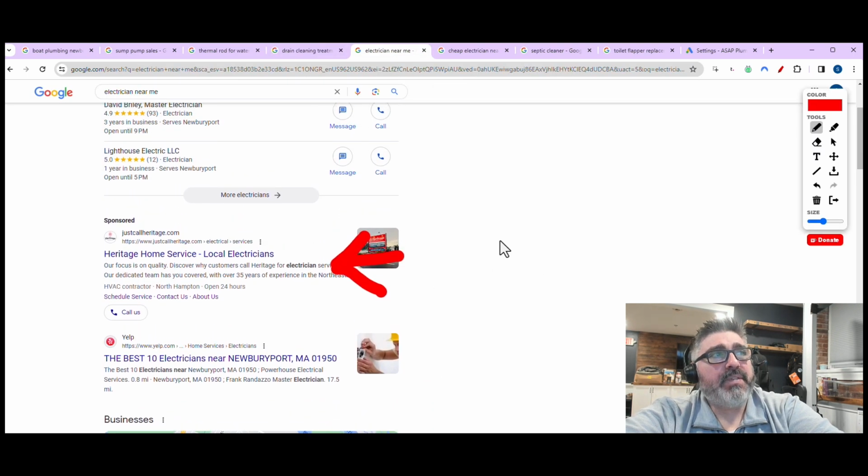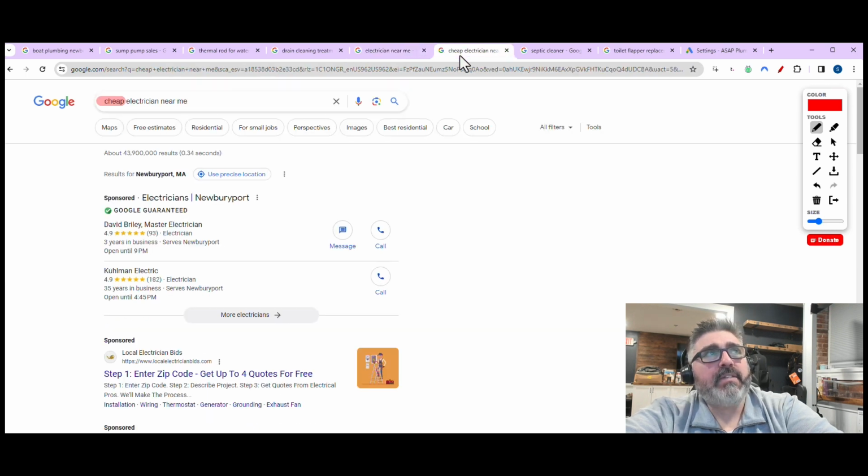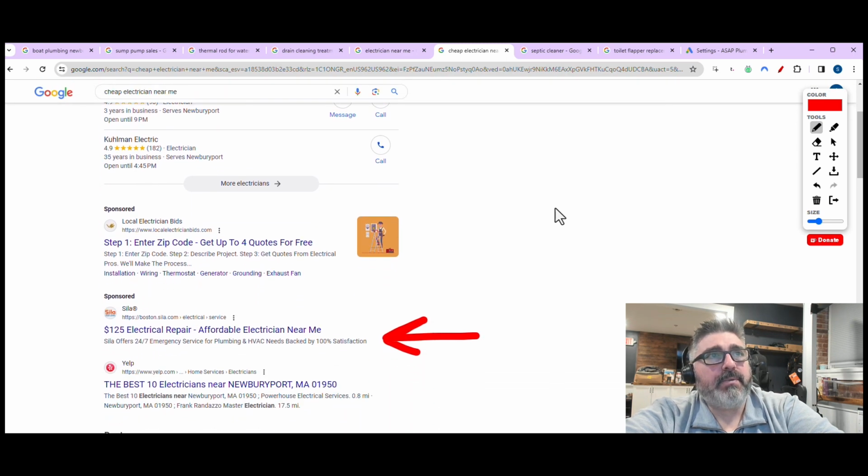Electrician near me. This is an exact match term. So this company is using exact match, and the way I know that is because I typed in cheap electrician near me, and they're not using phrase. Their ad would appear here if they were using phrase. Again, that's a good negative keyword. If you're advertising to cheap people, you're going to get a low average ticket and somebody who's going to waste your time on the phone.